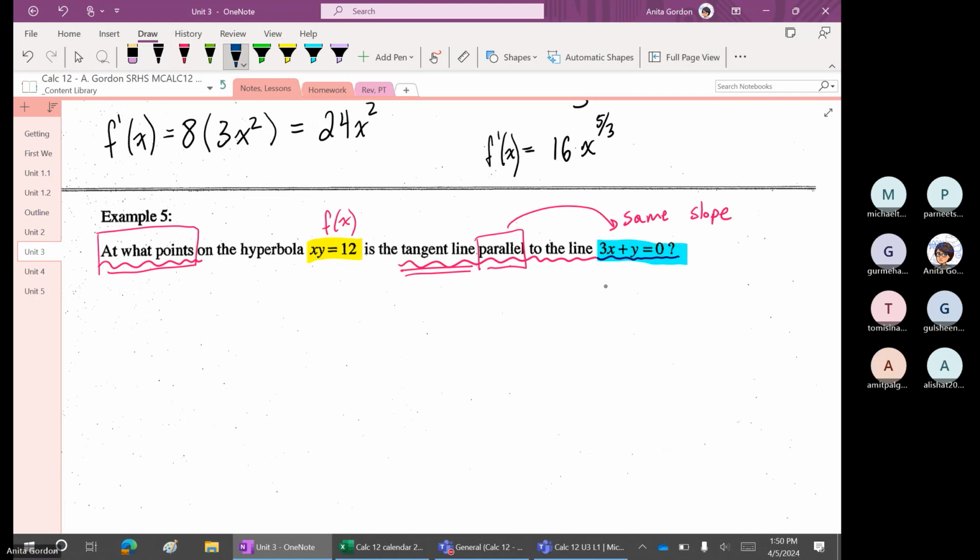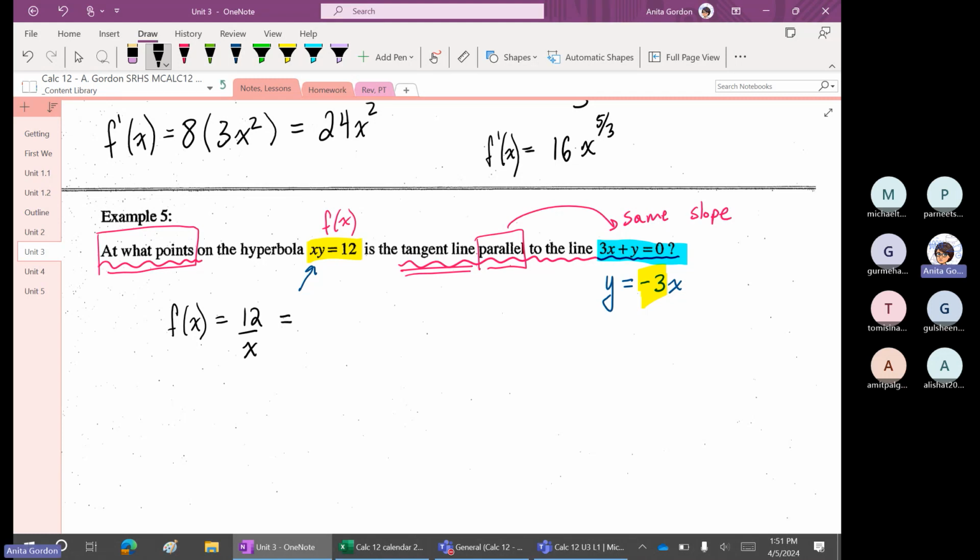Close. -3. This is y equals -3x. So we want our slope to be -3. If I wrote this in y equals form, what is my f of x? 12 over x. What's another way I can write this?